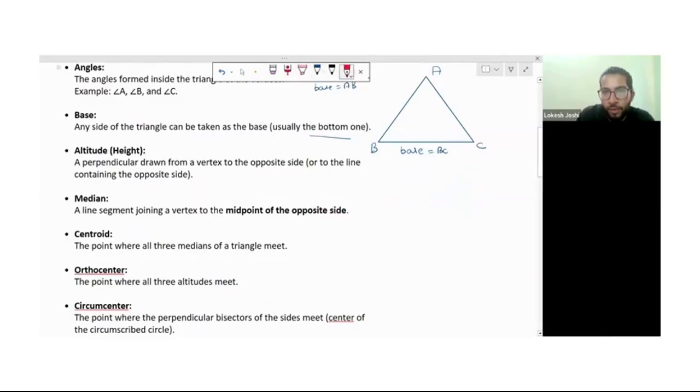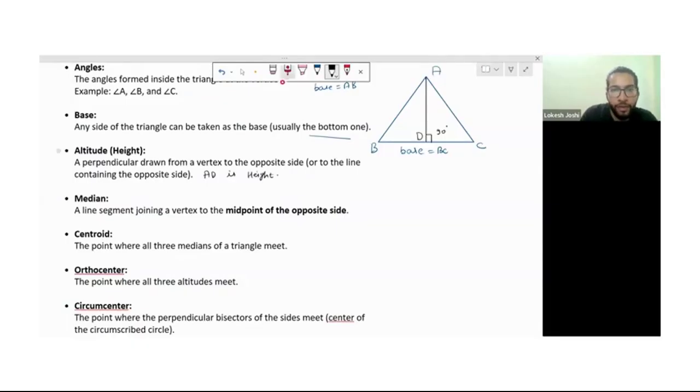Okay, so if from A we draw a perpendicular to the opposite side, which is BC there. Perpendicular means the angle where they intersect is 90 degrees. Okay, so this one is the altitude, and suppose this point is D. So we can say AD is the height or altitude.